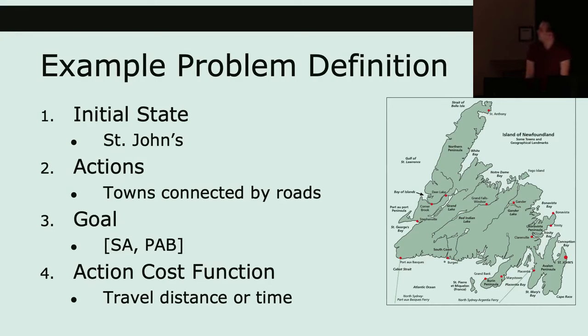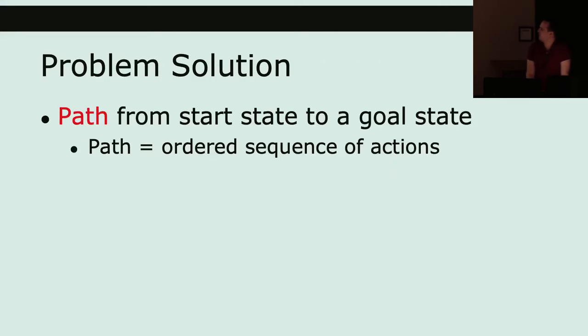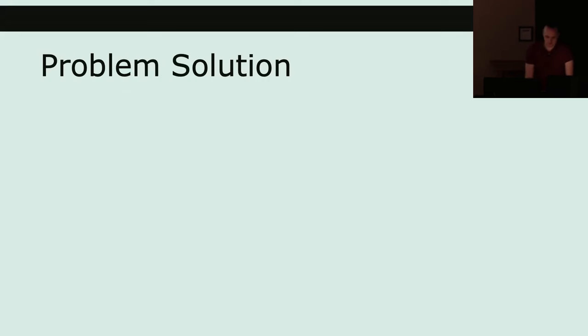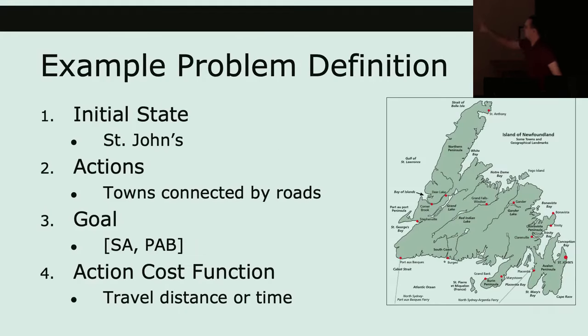So that's the problem. What is the solution to that problem? Well, that is going to be a path. So whatever algorithm you write is going to output a path from the initial state to the goal state. In some environments, a path is a pretty intuitive way of describing this.